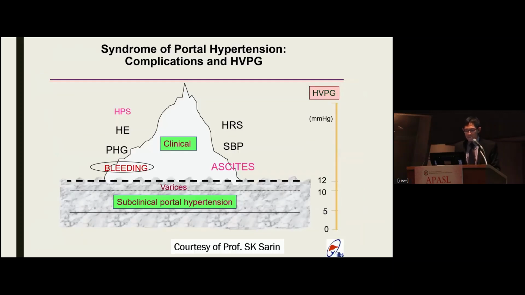We know that in our clinical practice the most common complication of portal hypertension is the presence of esophageal varices as well as gastric varices. The varices have a high risk of bleeding when the portal pressure increases above 12 mmHg.